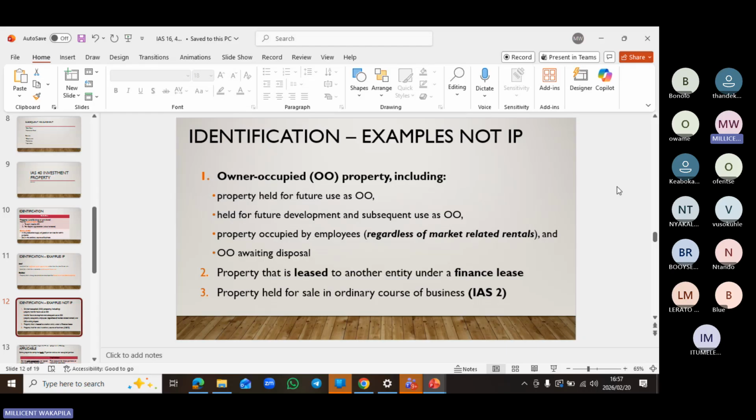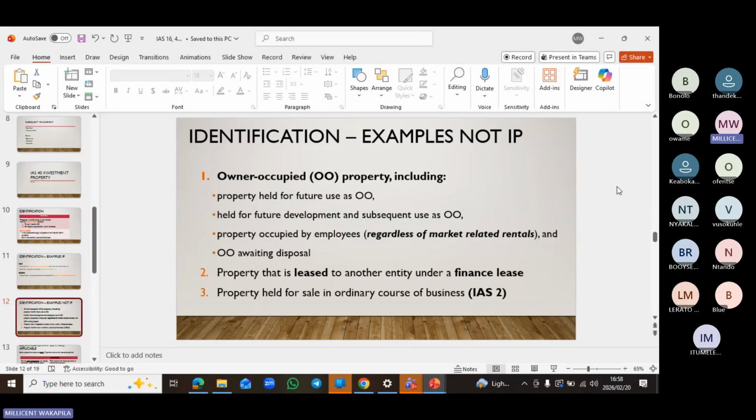And then they've got a building that they usually use to earn rentals, but the people that are occupying the building and paying rentals are their employees.